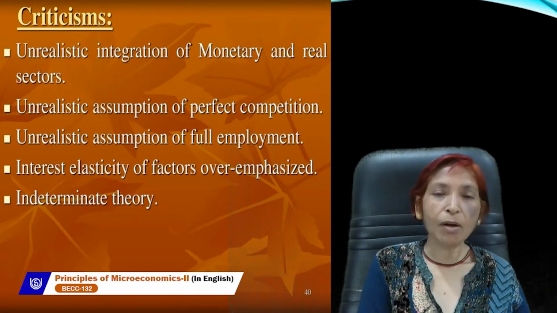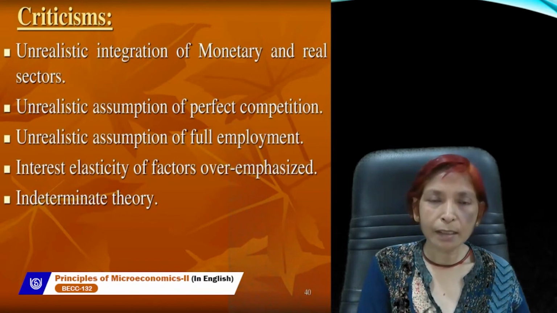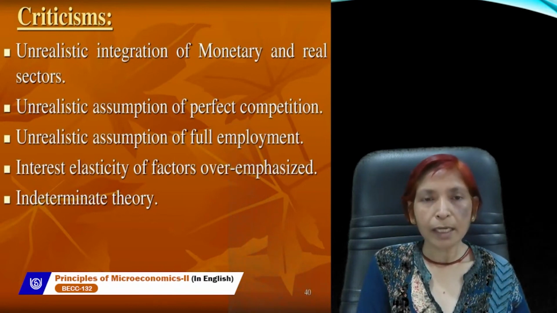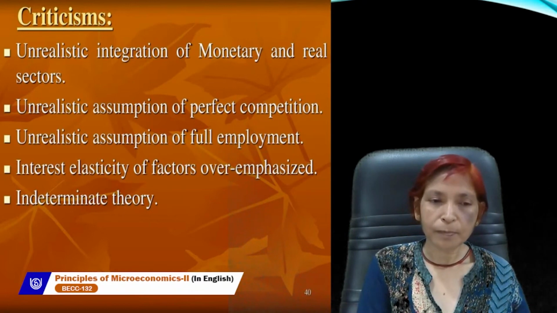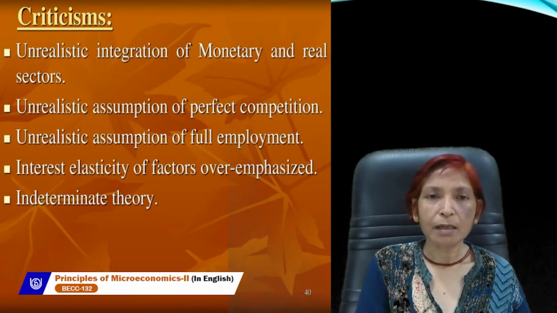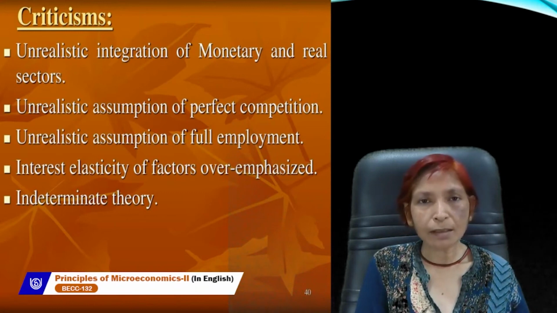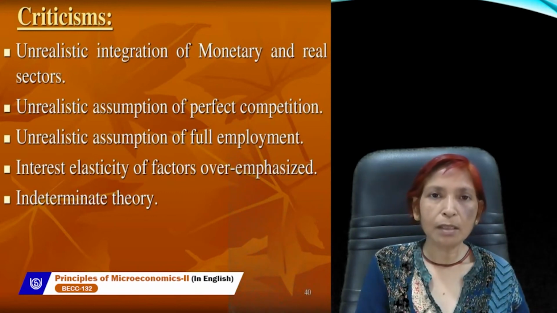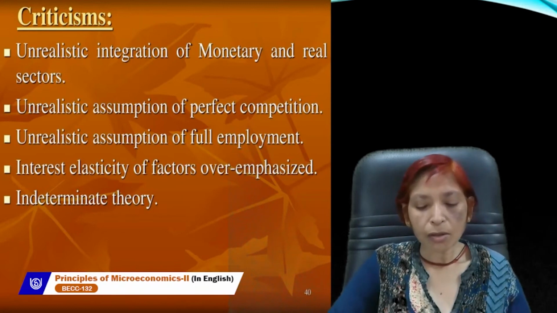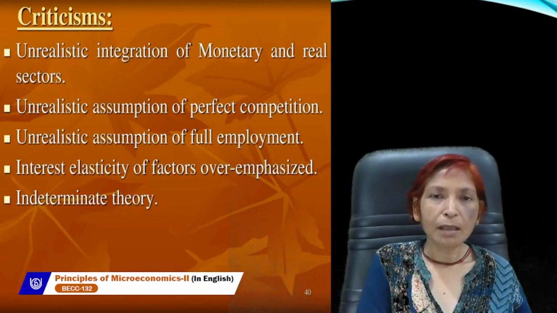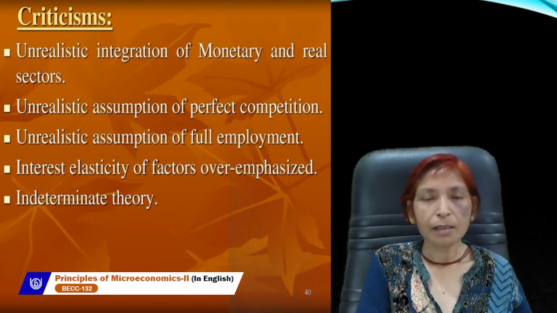But as you know, all the factors contribute in the production process jointly, and we can't calculate or estimate an individual factor's contribution in the production process. So how can we determine how much reward an individual factor gets in marginal productivity? So this theory can be said to be indeterminate, or not fully determining the factors' reward in factor pricing theory.